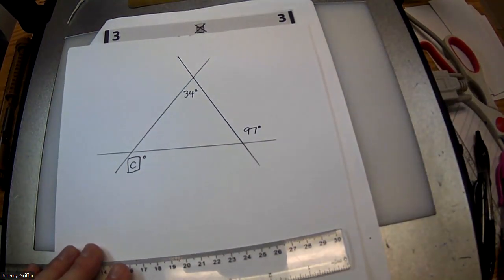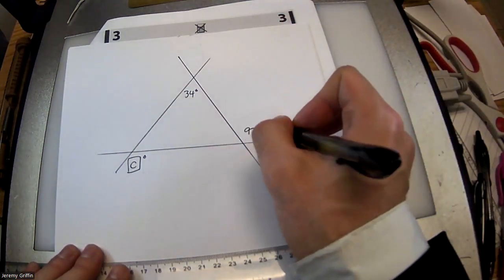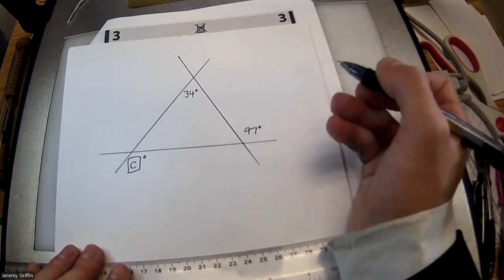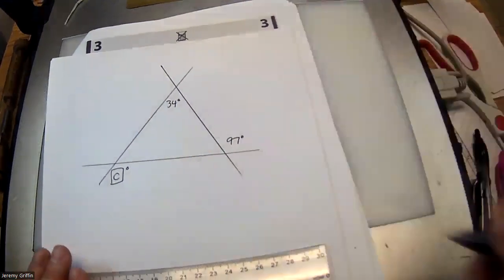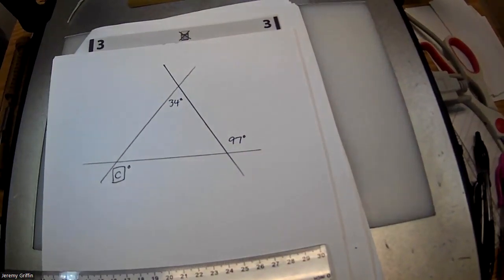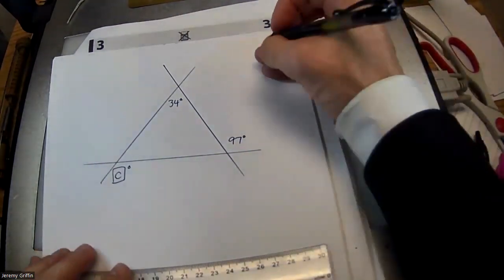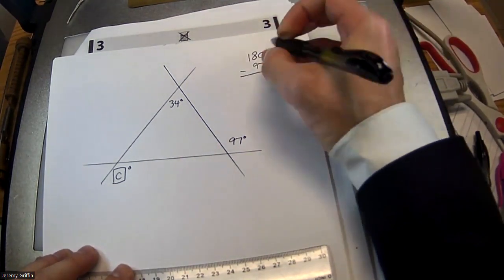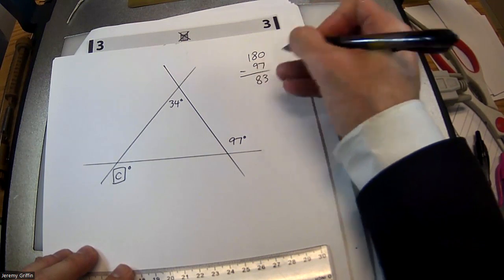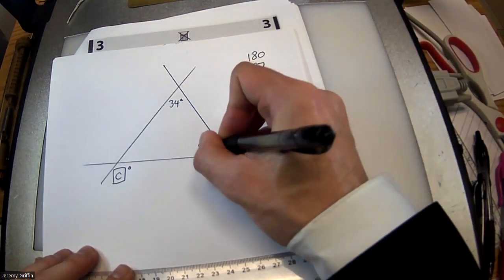And so two things you have to know about geometry to get this. One is, what do these two angles add up to? 180 degrees. Like a straight line is 180 degrees, right? Actually, let's knock that out right here. So 180 minus 97 is 83, I think. So this has to be 83 degrees.